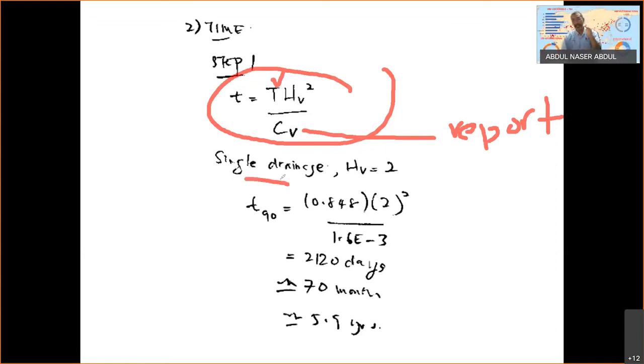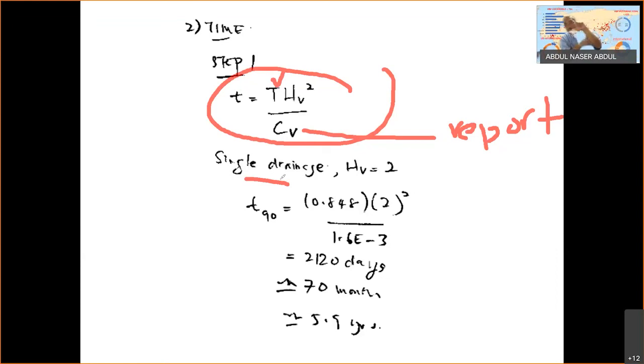Single drainage means if we press the clay, water will only move one way, up or down. If the water can move up and down, then you need to divide by 2. But in this case, single drainage, the thickness is 2, so the H is also 2.